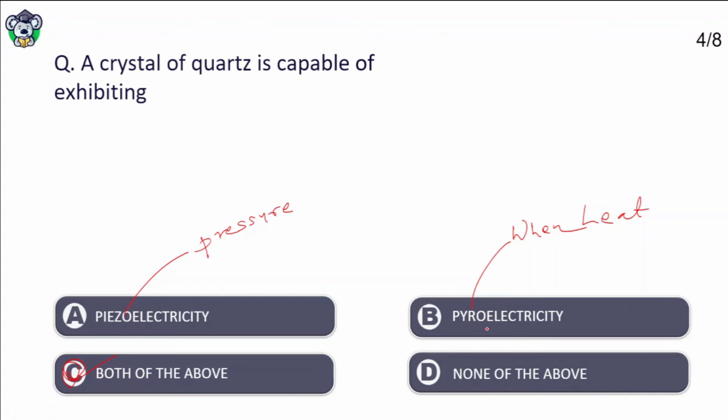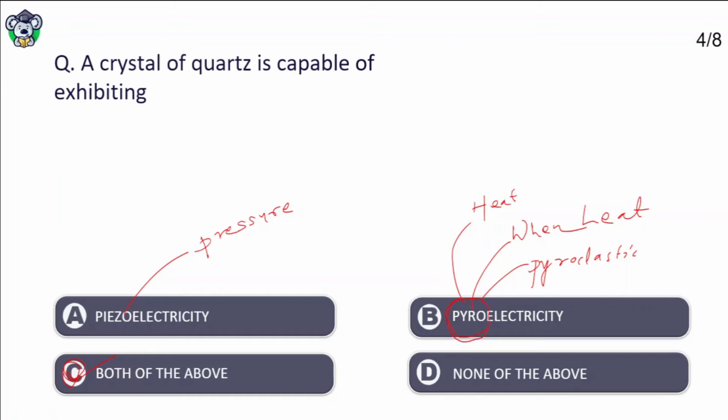Here this pyro word means heat, that is temperature. You must have encountered this pyro word in pyroclastic rock. Okay, these are found in volcanic rock. Pyro means heat, high temperature.